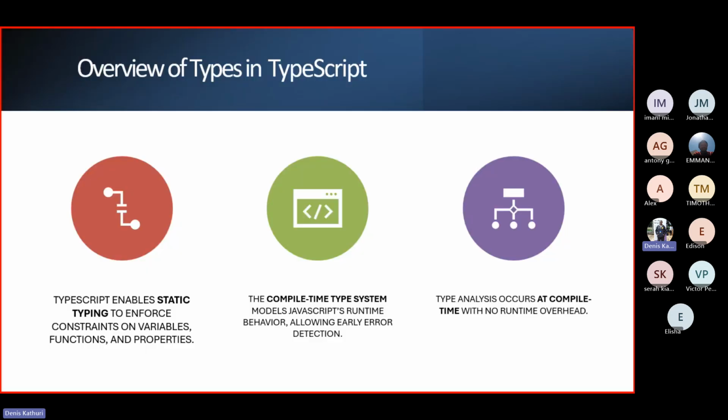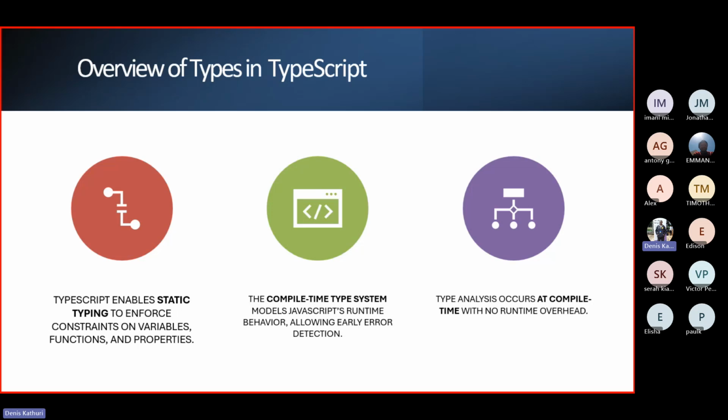And we want now to talk about the types in TypeScript. The main benefit of TypeScript is that it enables you to add static types to your JavaScript code. And types place static constraints on program entities, maybe the functions, variables, and properties, so that the compiler and the development tools can offer better verification and assistance in development.